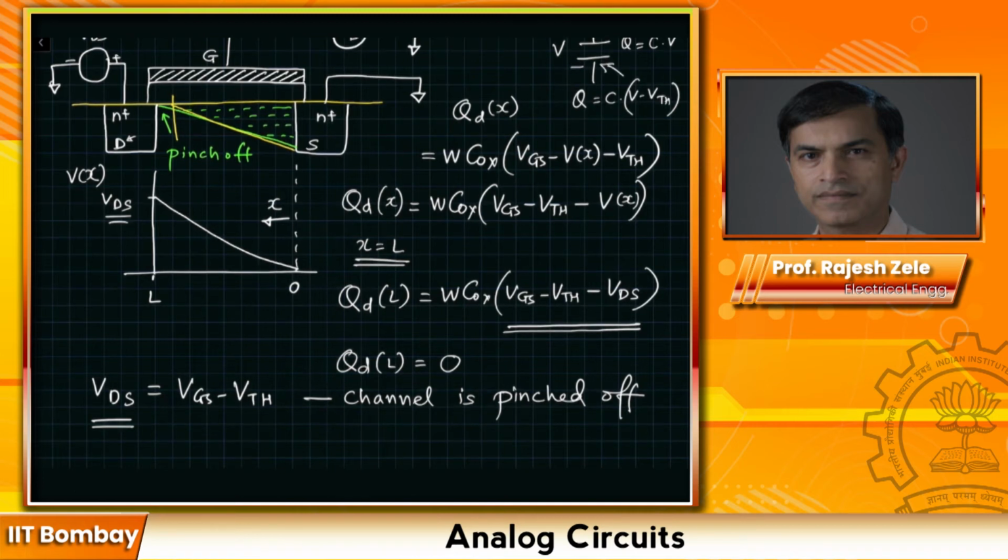Something similar is happening over here. We have a depletion region at the drain of the device, as a result of which, after pinch off, when VDS is greater than VGS minus VTH, we have a depletion region formed in the magenta region.